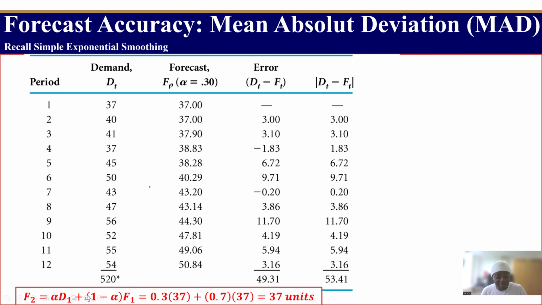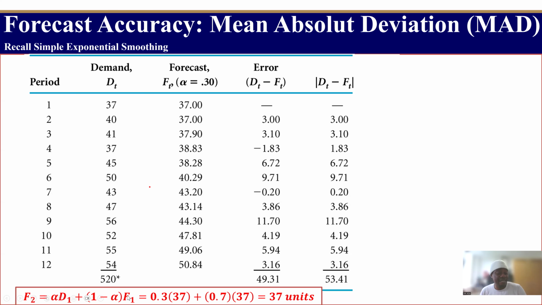Do you remember this formula at the bottom? The forecast for the next period is alpha, which is a smoothing factor, multiplying the current period demand, plus 1 minus alpha, which is a dampening factor, times the forecast for the current period.